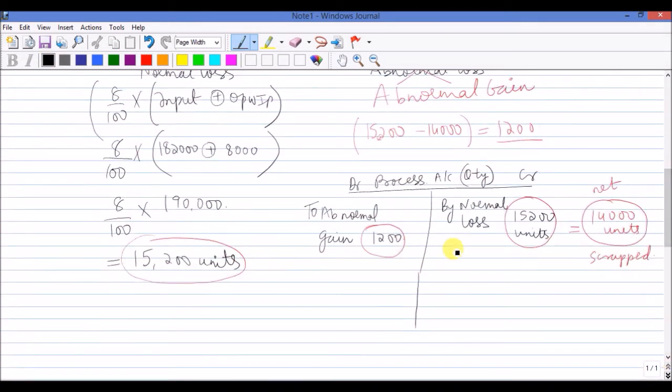So remember this part: you are not having any abnormal loss, and you are having an abnormal gain equal to 1,200 units.